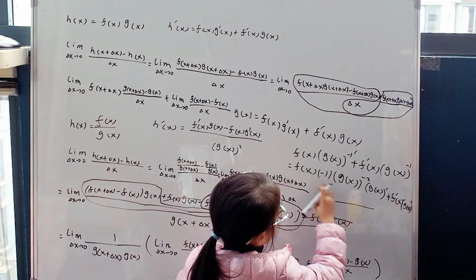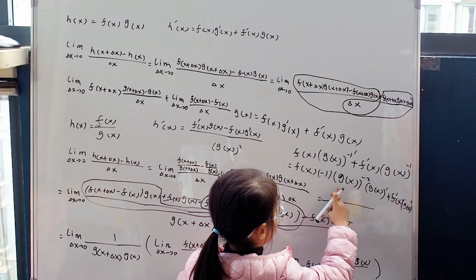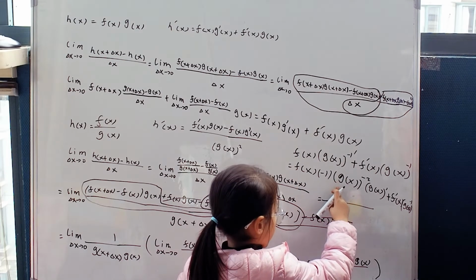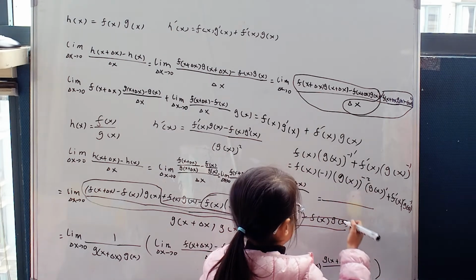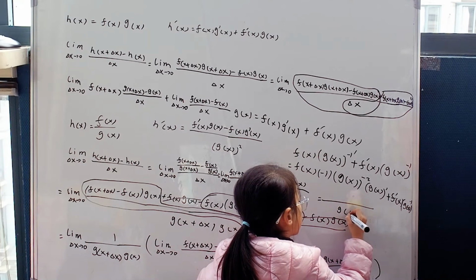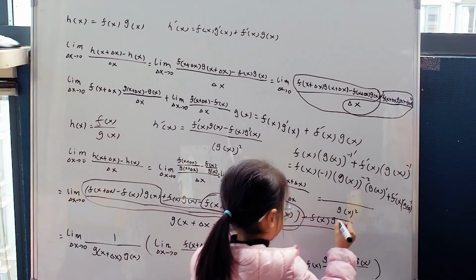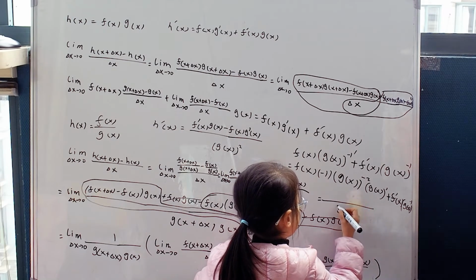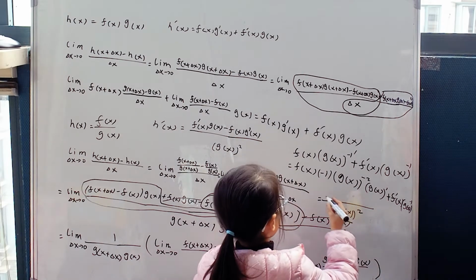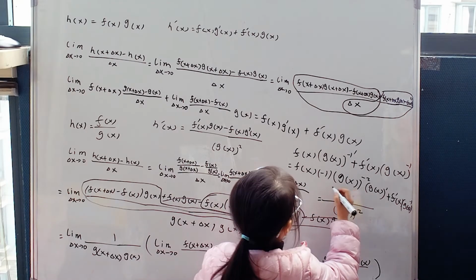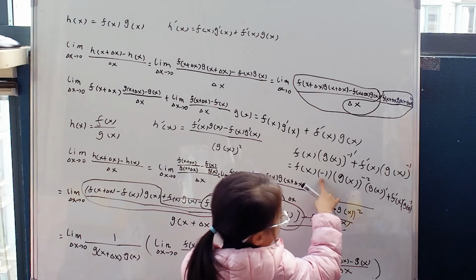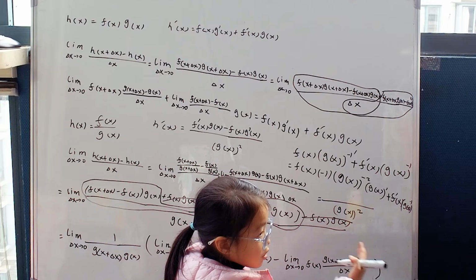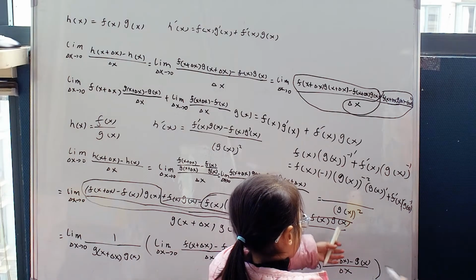Of course, this one's denominator is g of x, so we alternate to g of x squared.